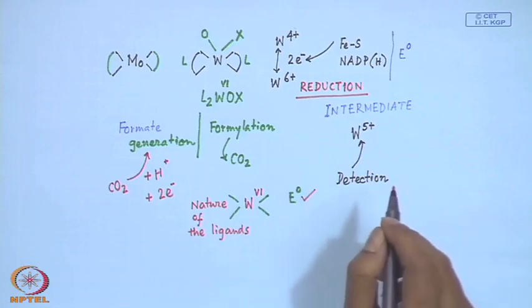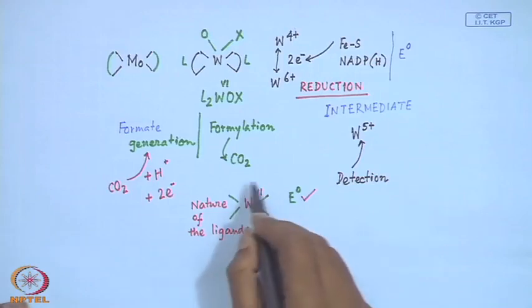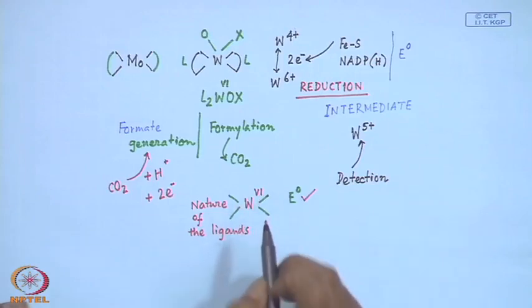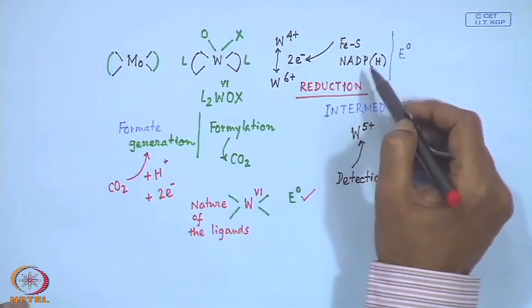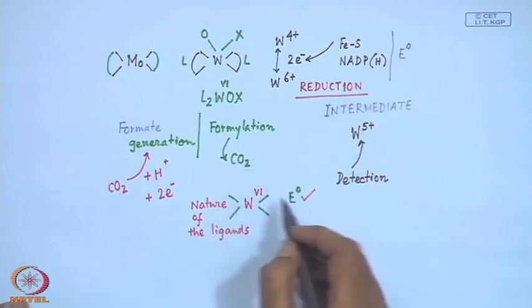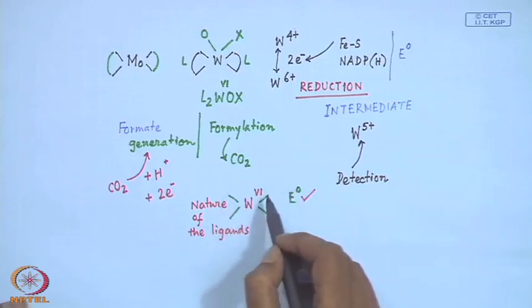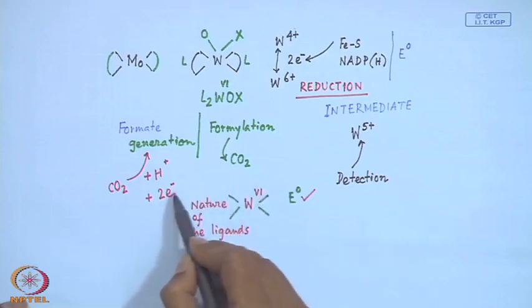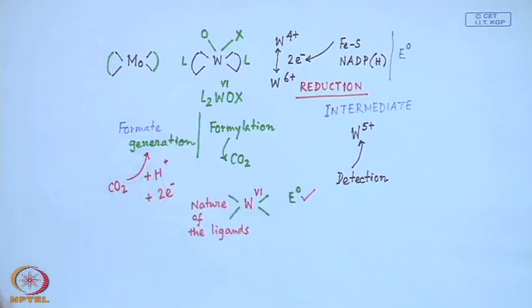So, if the E0 value for this particular site matches that of our biologically available reducing agent, then only can we settle between these oxidation states, and tungsten is a very useful center for delivering these 2 electrons required for the reduction of carbon dioxide to formate anion.